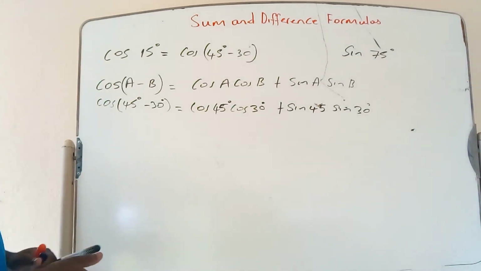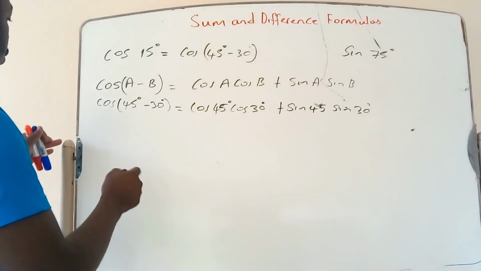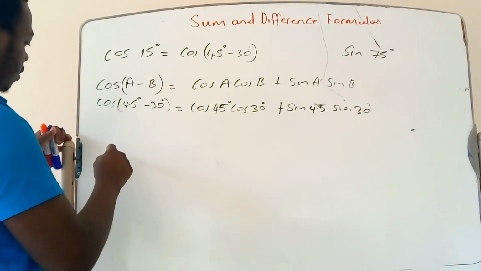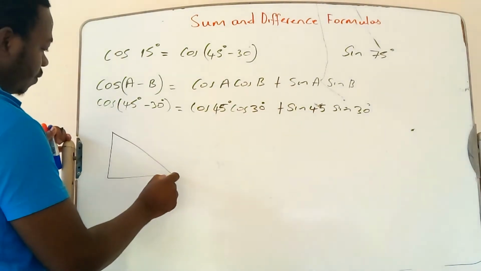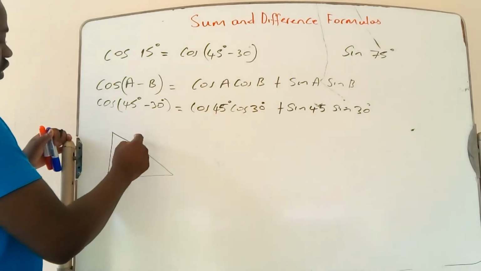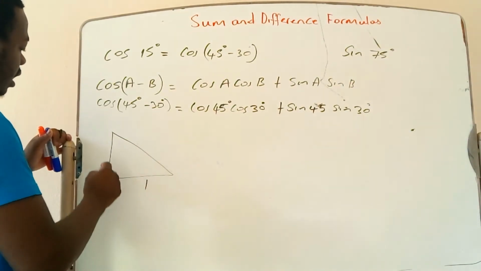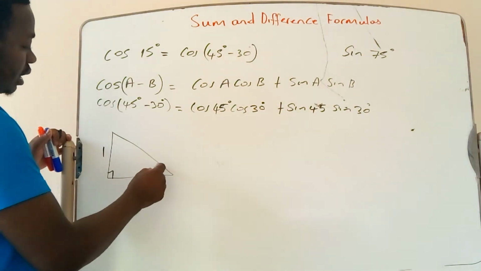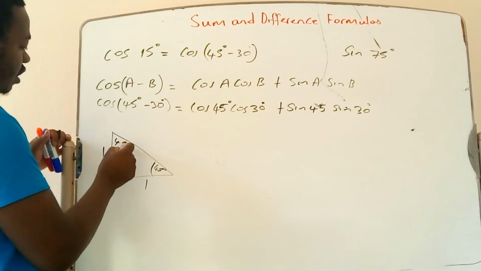In my previous video, you will learn about some special triangles, right? Now, we know if we have a triangle here, let's do a rough sketch. On this side, this is a 90 degree, right? So this is the hypotenuse, and we know that the length of this side is 1, and the length of this side is 1. And the angle here is 45 degrees, and the angle here is 45 degrees.